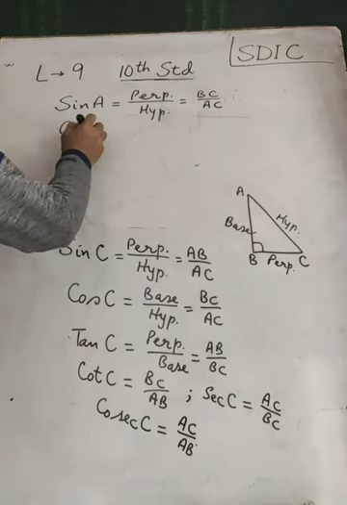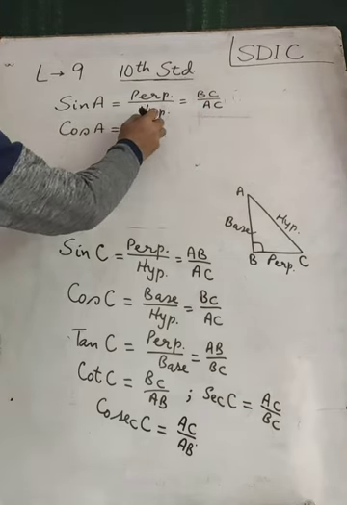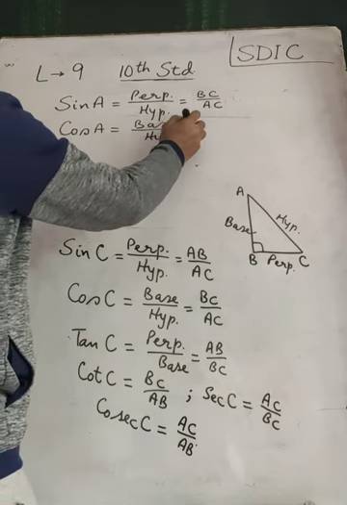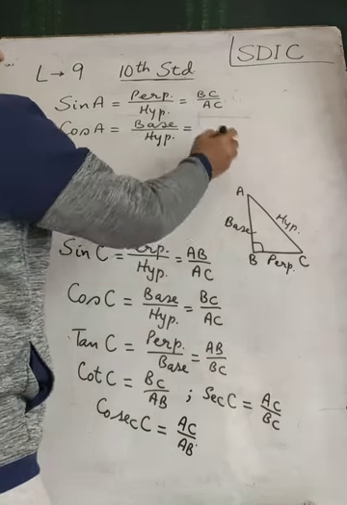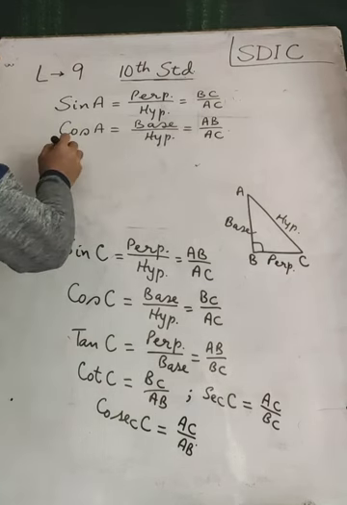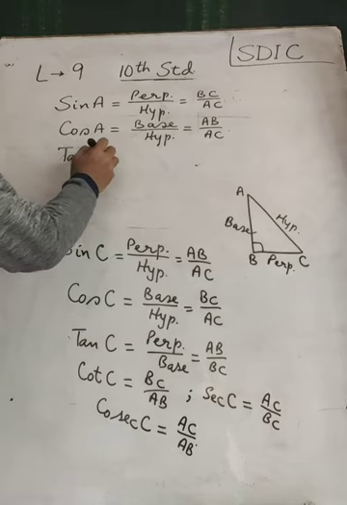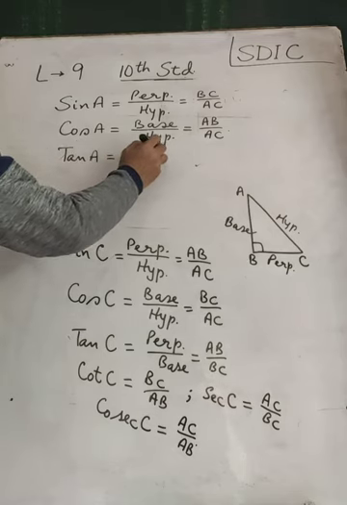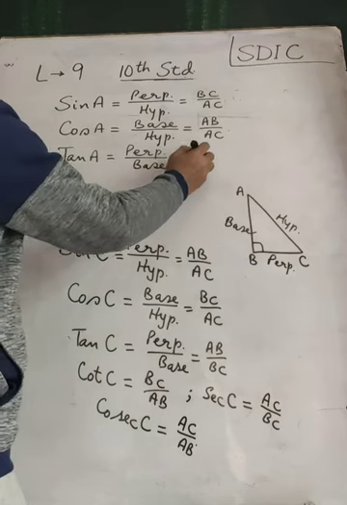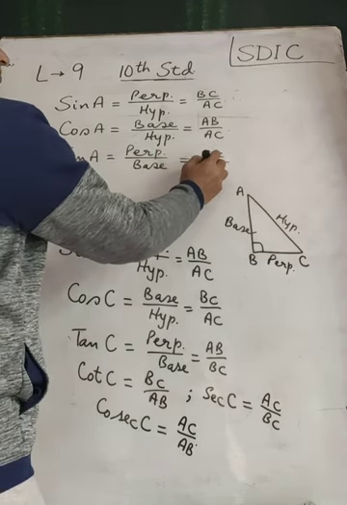Cos A, definition is base by hypotenuse, and it will therefore become AB by AC. Tan A is perpendicular by base by definition, and therefore it becomes BC by AB.